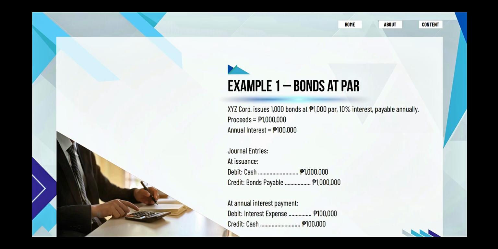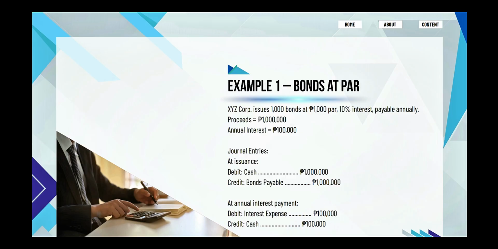Now let's try this example. First is bonds at par. The problem here is XYZ Corporation issues 1,000 bonds at 1,000 peso par value with a 10% interest rate and payable annually. Now, to get the proceeds, we have the very basic formula.